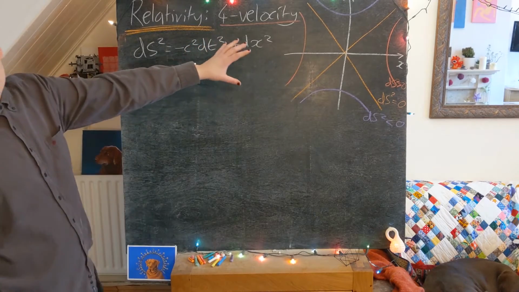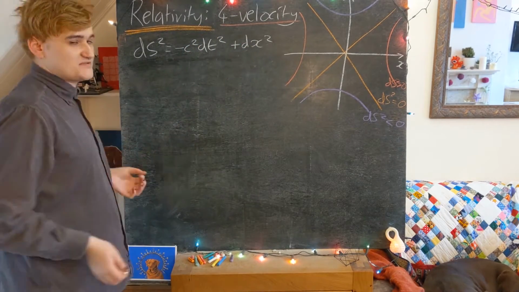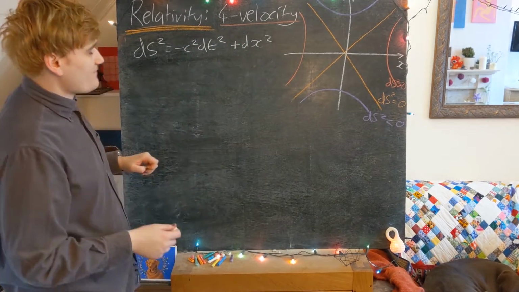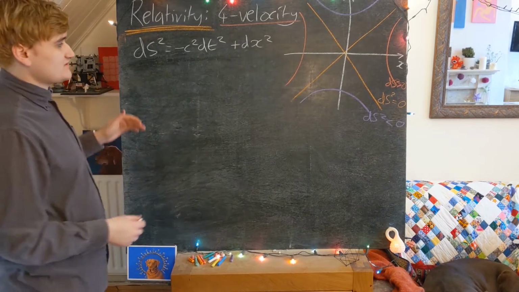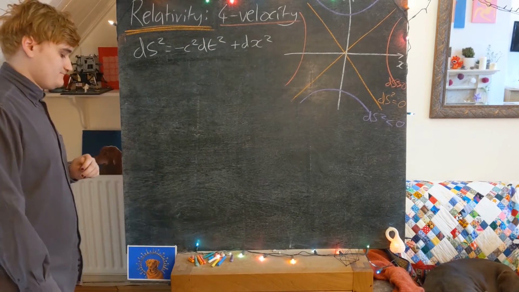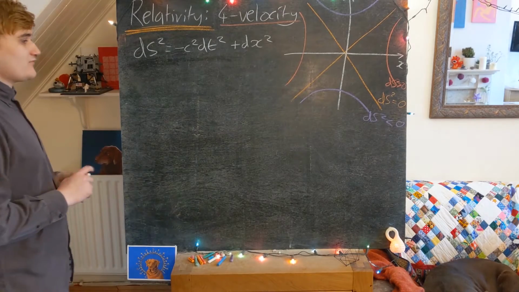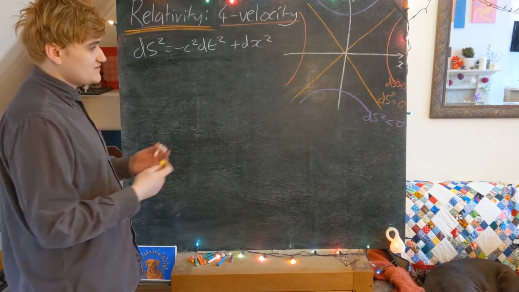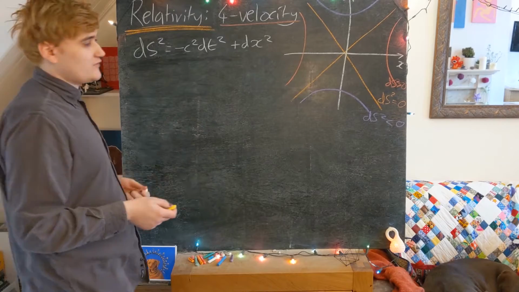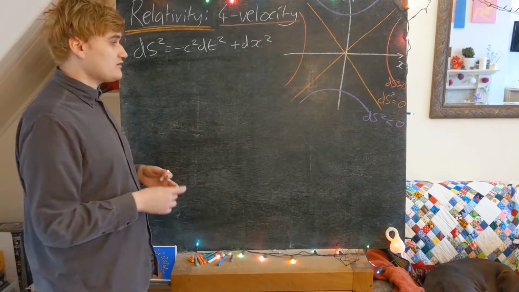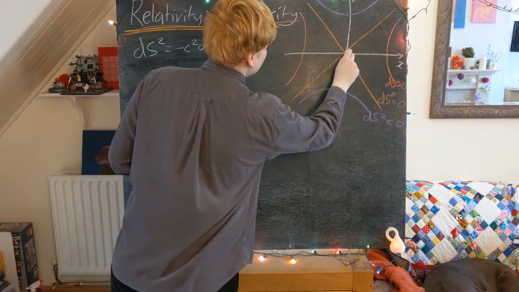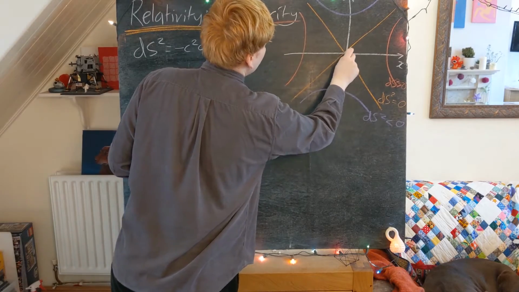Okay, so this is our Minkowski geometry or our space-time diagram, and we're going to be using it for reference when we start now talking about four-velocity. So let's start talking about four-velocity now. First of all, in order to define a four-velocity, we're going to need a worldline. So let's remember we're drawing this reference frame.